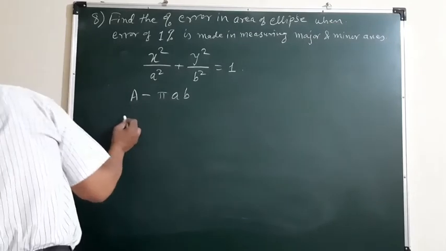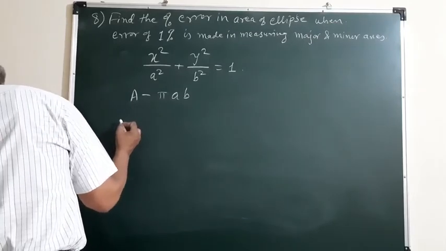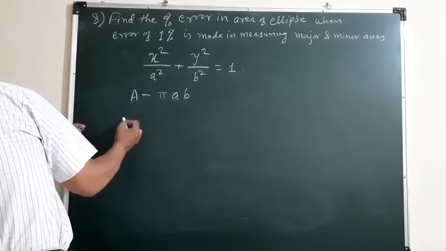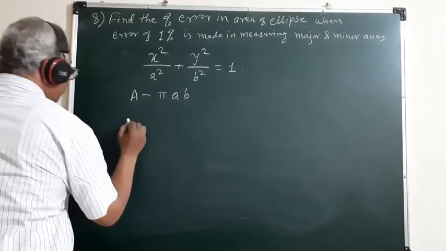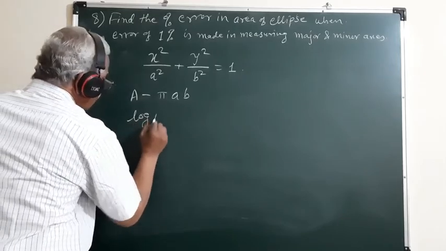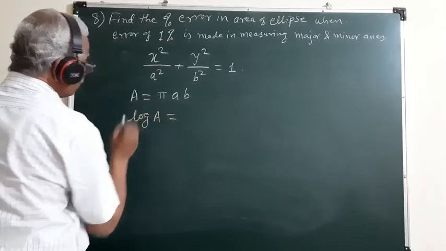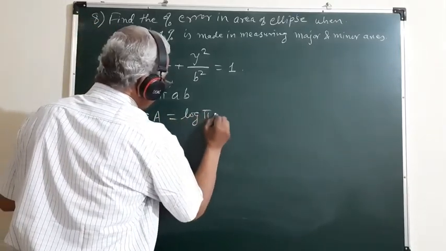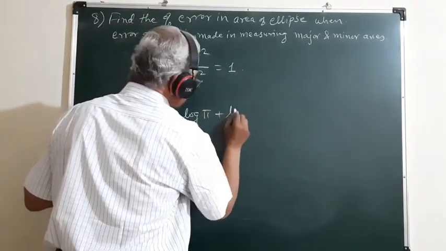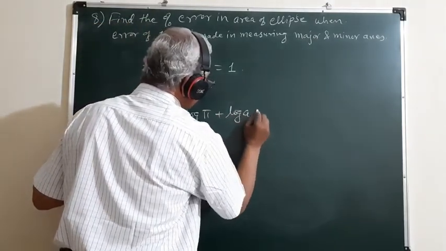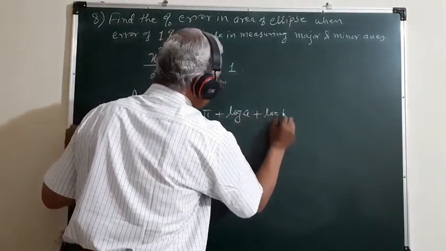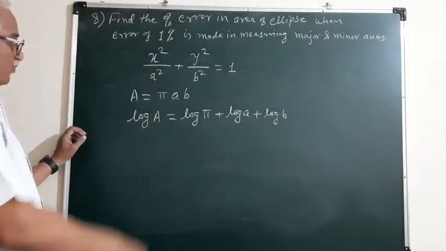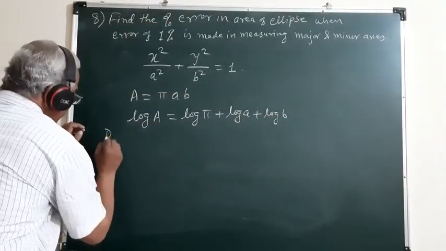So taking logarithm on both sides, we get log A is equal to log pi plus log a plus log b. And now we will differentiate this.